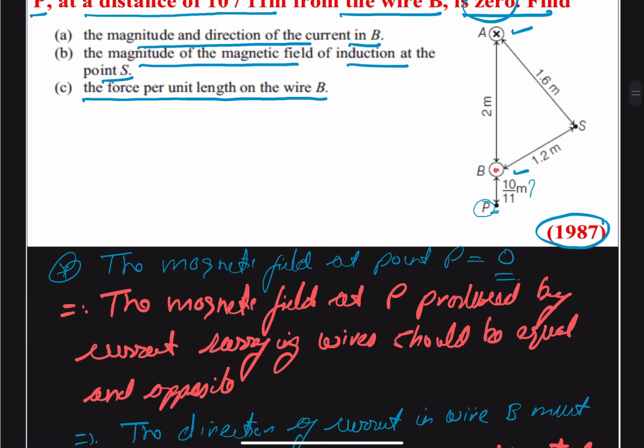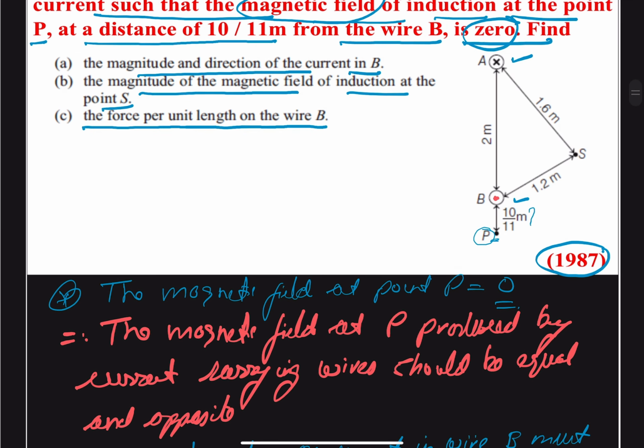So from A, it is having a current I1, and distance of this point P from A is, let us suppose, given as R1.